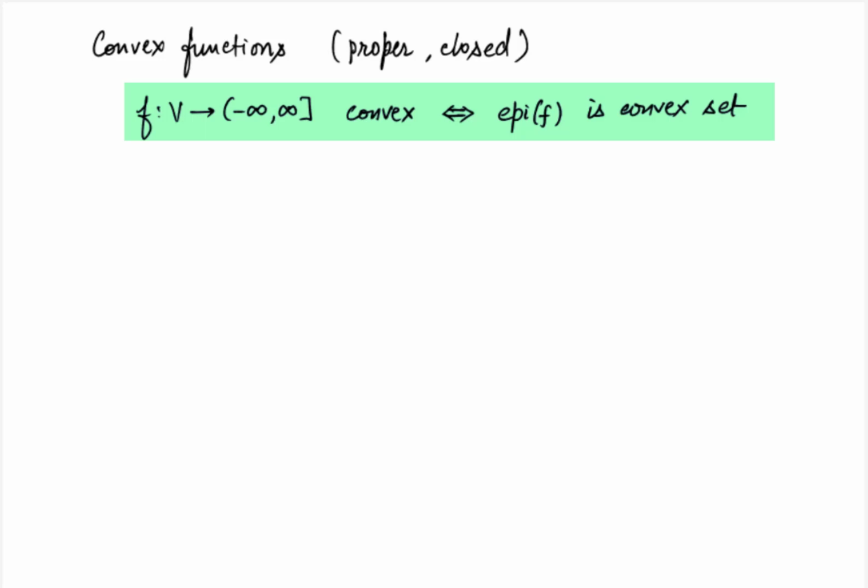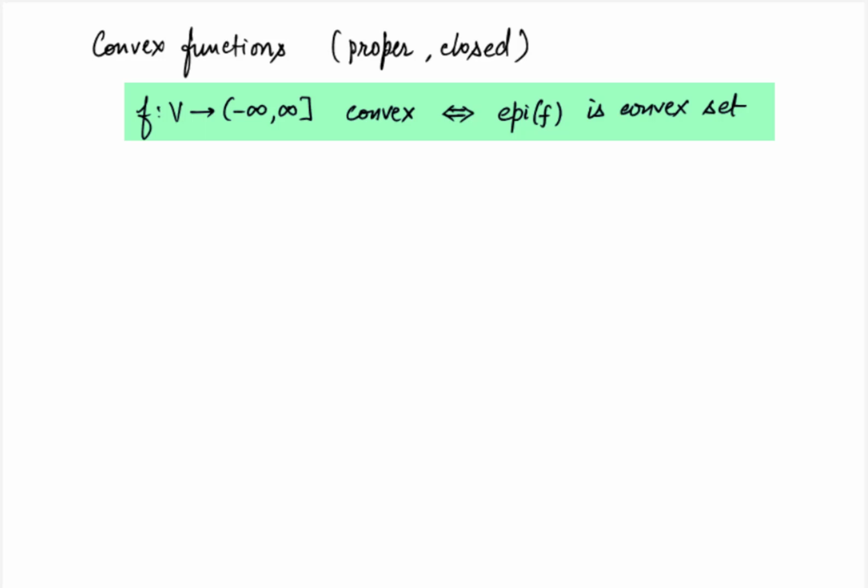Let us take a closer look at this definition. Recall that to check if a set is convex, we would need two points x and y in the set and then draw a line segment between those points. If the line segment lies inside the set, then the set is convex. So if we apply the same definition to the epigraph, we would actually get a corresponding condition on the function f.